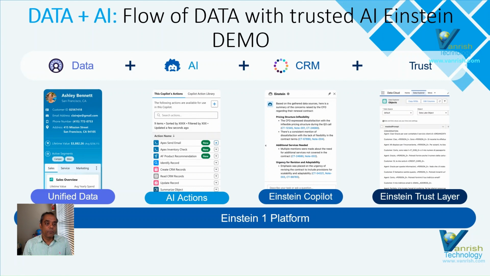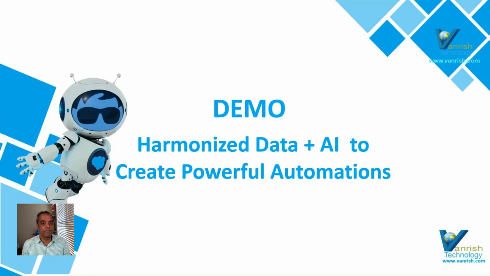Unification is done through Data Cloud, AI action is done through Einstein, and this is part of the Copilot. You are enabling Einstein. I will show you how you can enable Einstein within your CRM system and streamline your whole processes. I took this flow from one of the use cases, a reservation system, which I'm going to walk through in my demo section.